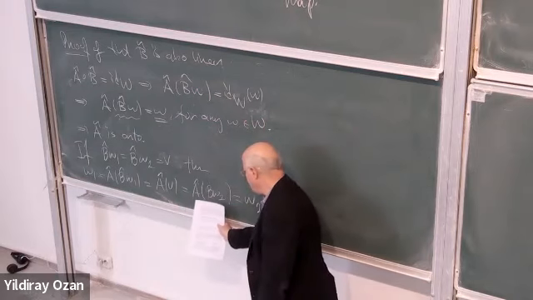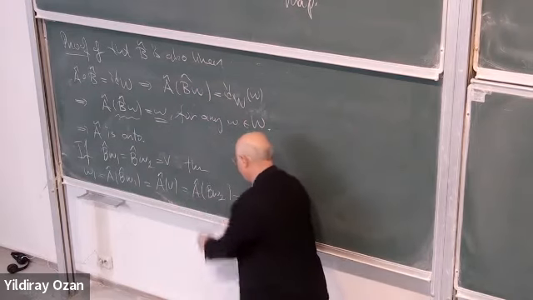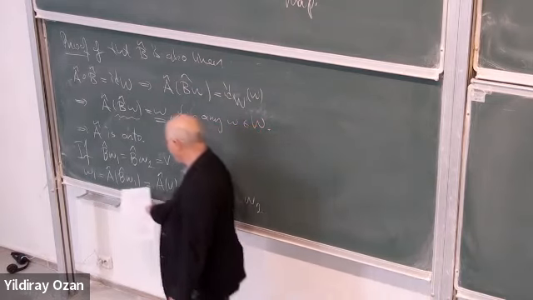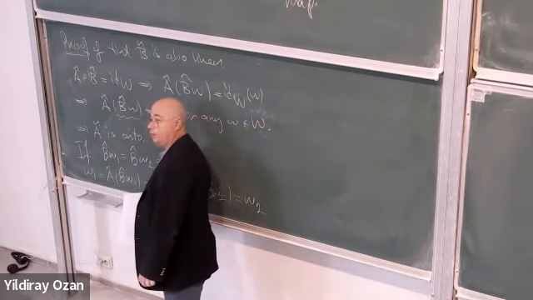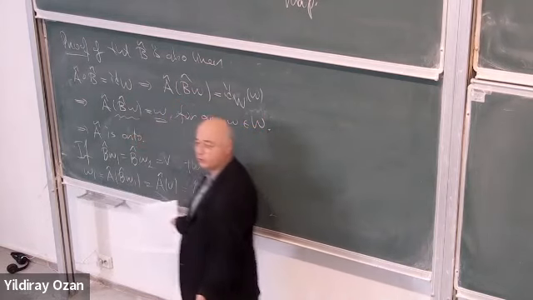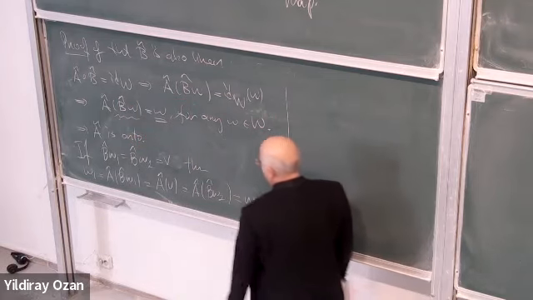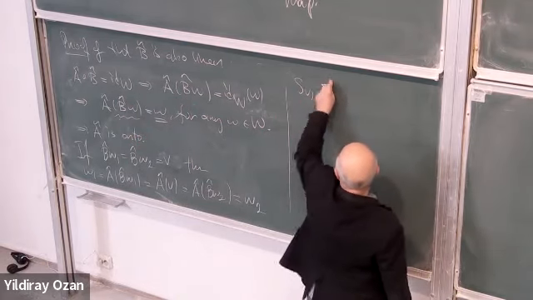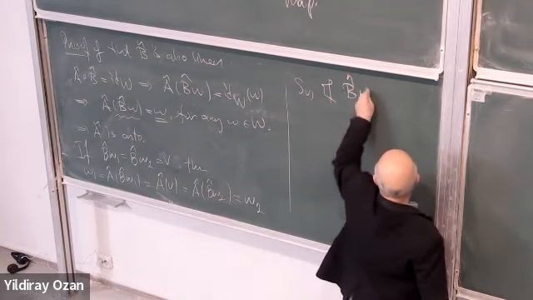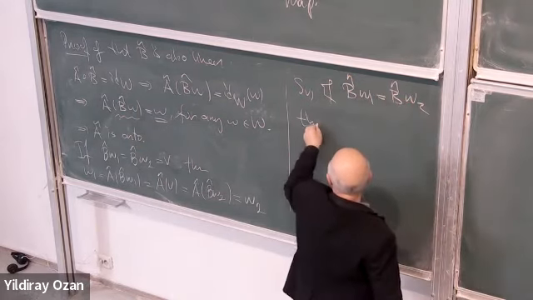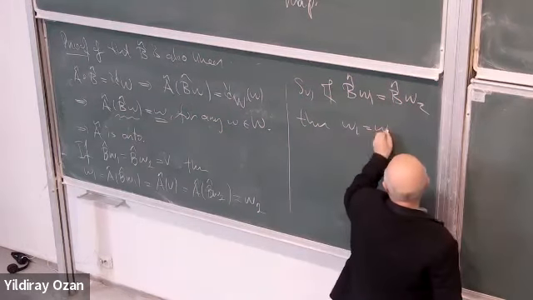Therefore, this is also equal to w1, and this is also equal to w2, right? Because A hat composition B hat is the identity. If I apply A hat B hat to w2, I will get w2. But this is the same thing as A hat B hat w1. Therefore, this will also equal w1. This means that if B hat of w1 is equal to B hat of w2, then w1 is equal to w2.